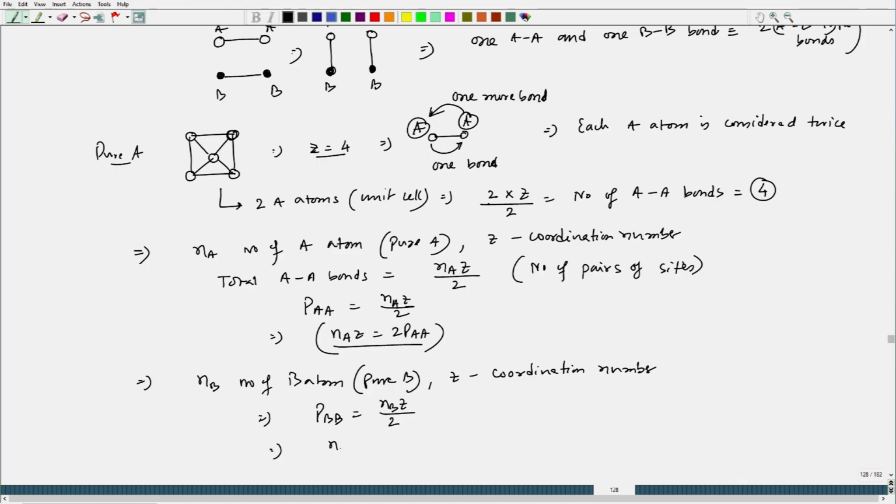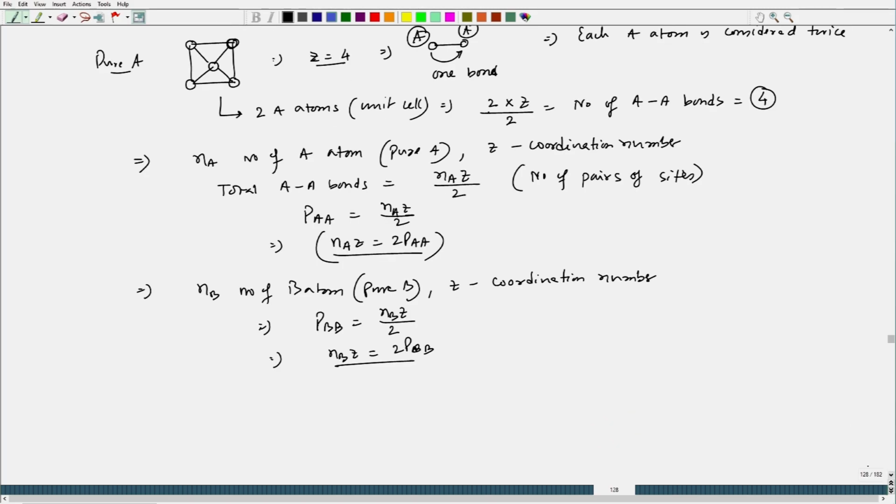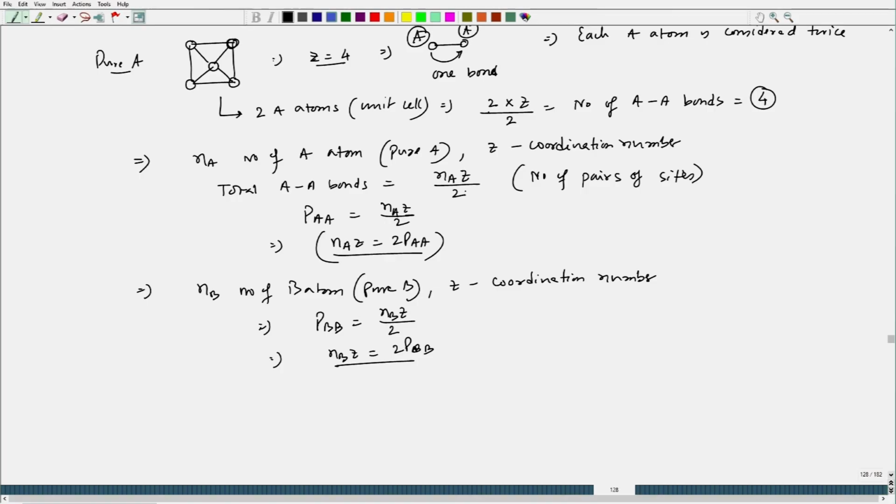It also gives me NbZ equal to 2 PBB. So, if I consider the pure case, let us say I take a reference of one A atom, how many A bonds it will form will be decided by the number of A atoms into the coordination number divided by 2, because each A atom is considered twice. That is why the division by 2 comes. Accordingly we get these two cases for the pure case.